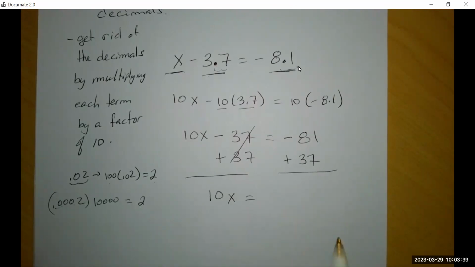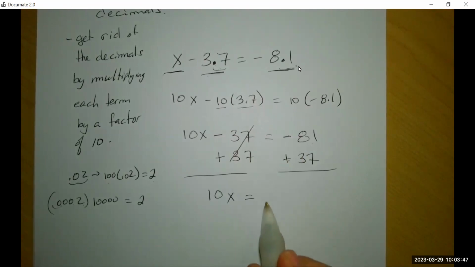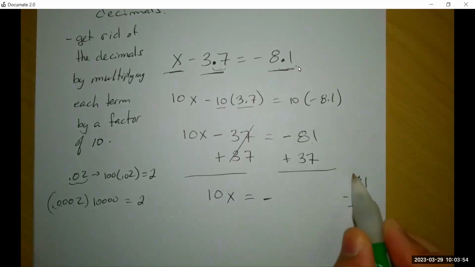So we're left with 10x. Again, same thing. On the right-hand side, you have positive and negative. Since 81 is bigger, the answer is going to be negative. 81 minus 37. Borrow 1.